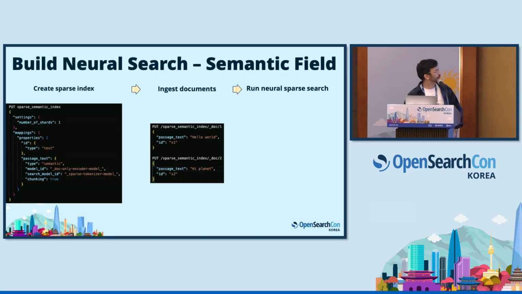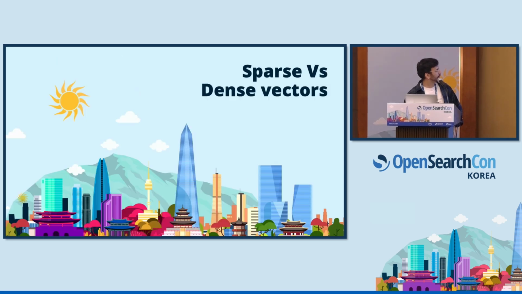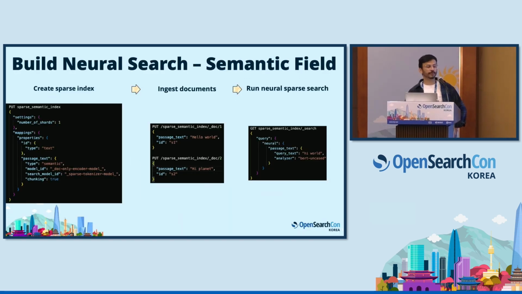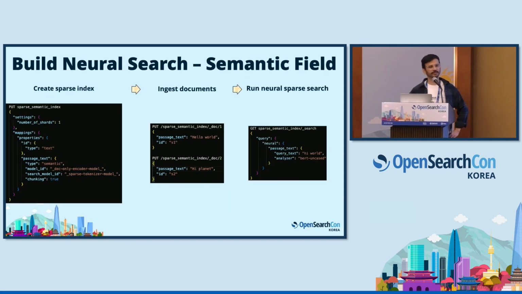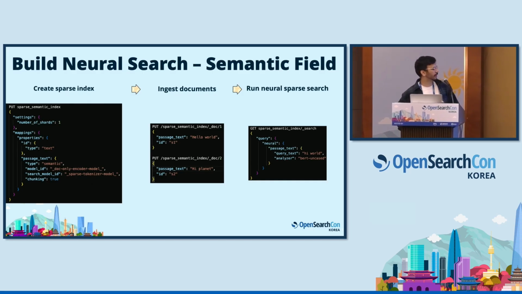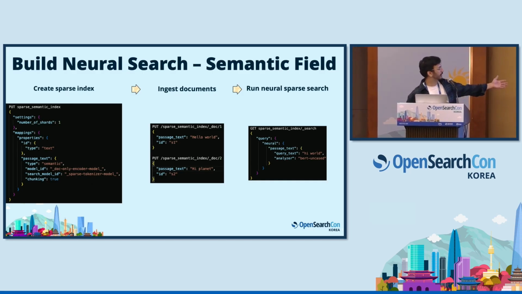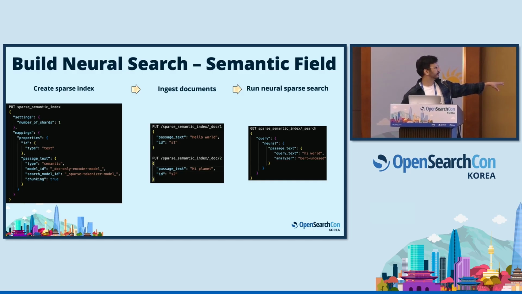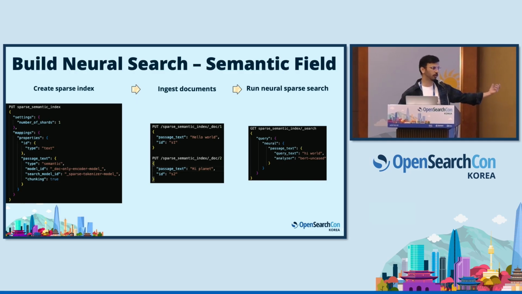So there are also easier ways to run neural sparse search in the later versions. It is as simple as this: in the latest version we have a field type called semantic, and the field type takes both the ingest model, the doc-only model, and the tokenizer model, right?